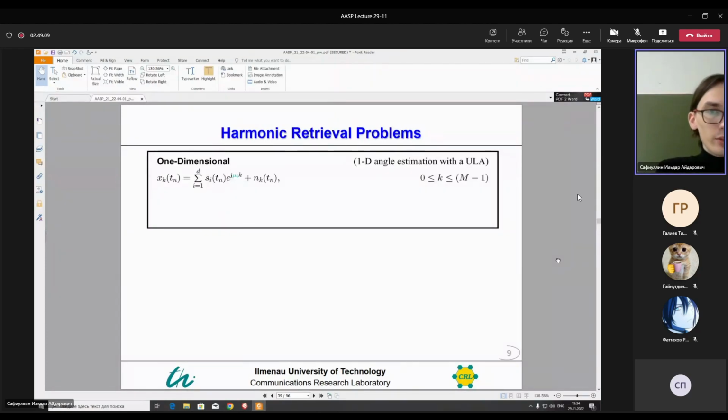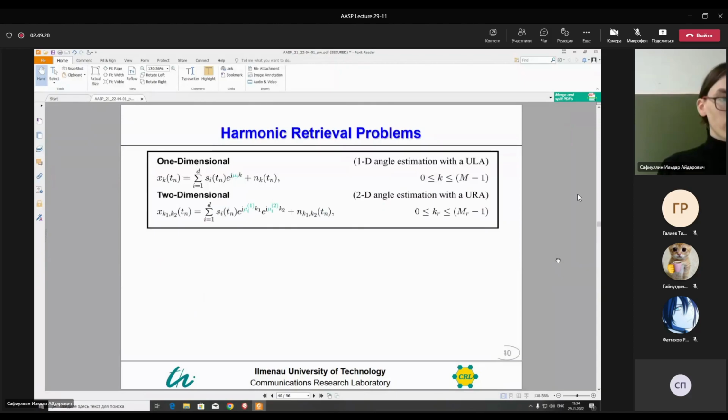So, the one-dimensional harmonic retrieval problem. Here you can see that we have mu sub i, the spatial frequency for 1D. And if we assume the 2-dimensional case, we need to show two spatial frequencies. So here we have mu sub i subscript 1 and mu sub i subscript 2.